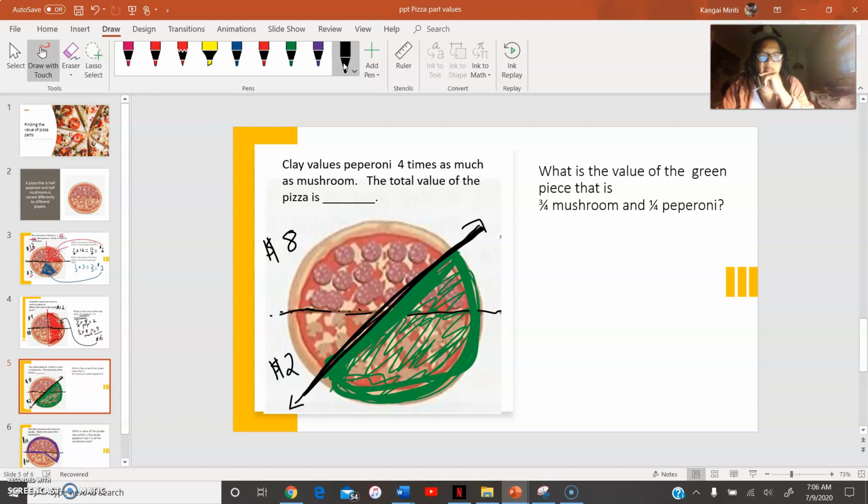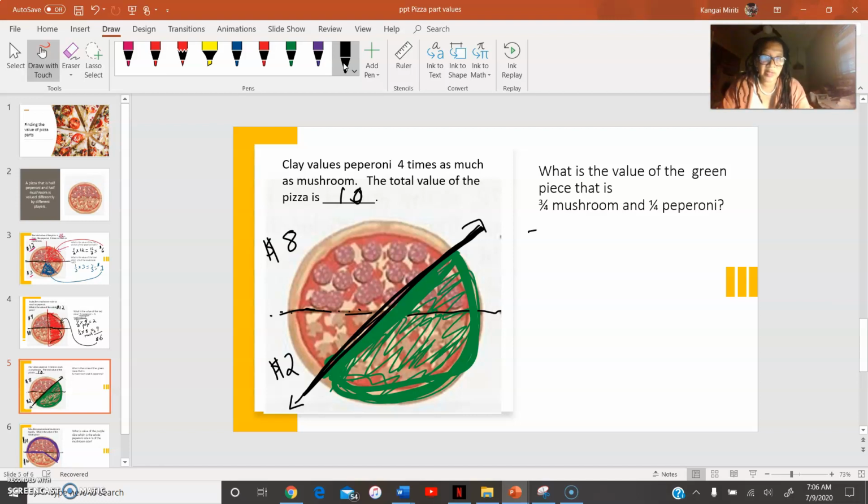Here's another one. So look at how Clay values this pizza. Every player is valuing this pizza differently. Clay likes pepperoni 4 times as much as he likes mushroom, but the value of this whole pizza to him is $10. He got this pizza at Little Caesars. It's $10. 8 and 2 make the $10. So what's the value of this green piece for Clay based on what we know?